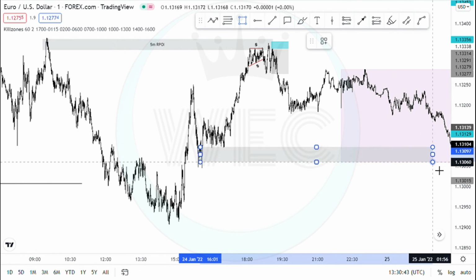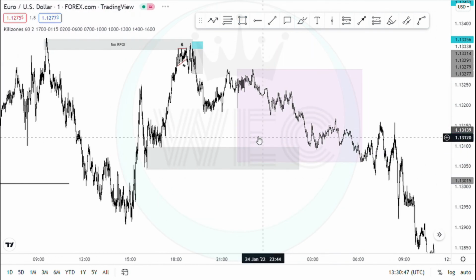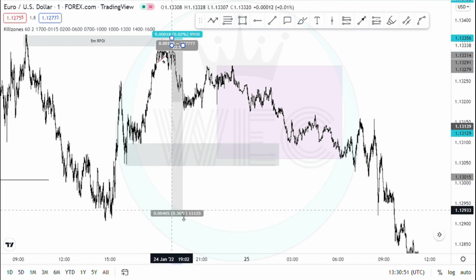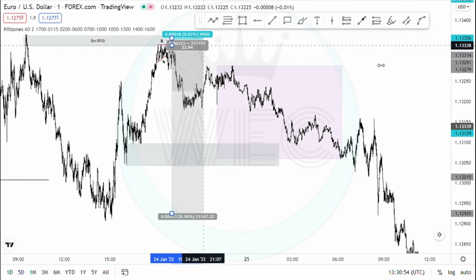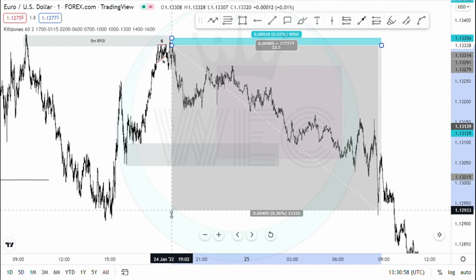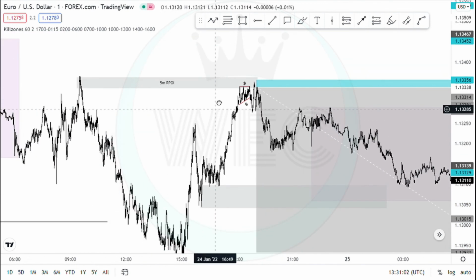I was watching, but I always know that a higher time frame will overpower the lower time frame. So even though I was watching, I was just targeting somewhere here. I think my target was here. It was 22.5, right? Yeah, and that was it.